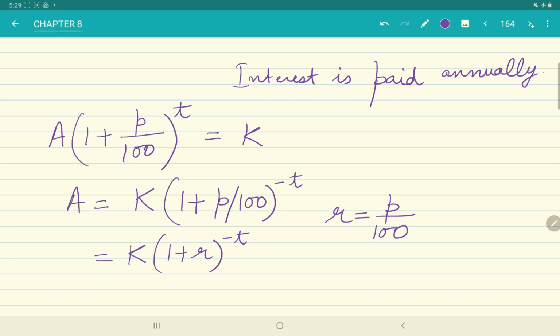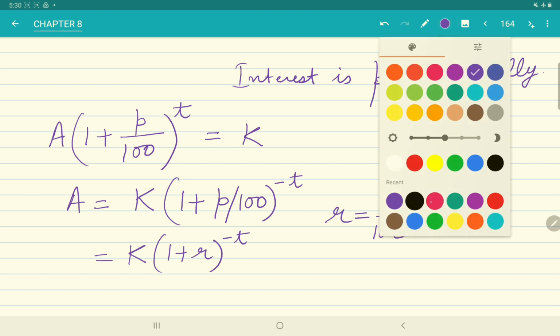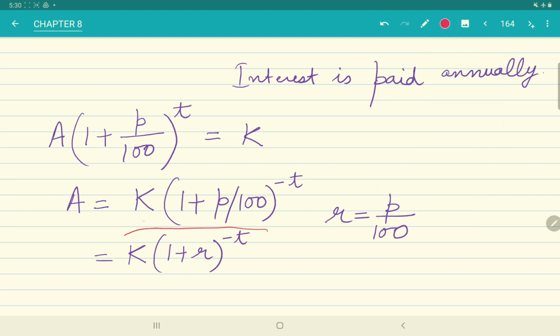So if interest is paid annually, this is the present value of the amount K when the interest rate is P% per year. Let us say interest is compounded continuously.